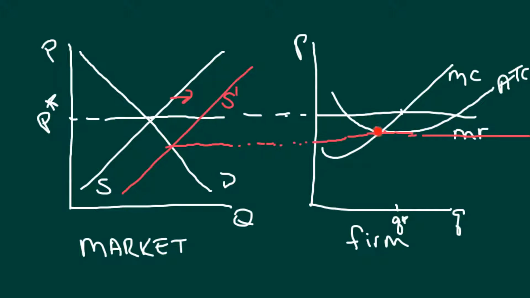It will continue to fall until you get to the minimum of the average total cost curve, the break-even point. So when the price is equal to average total cost, that means we know that profit is zero. Remember, that's economic profit. And that means there's no longer an incentive for new firms to keep entering. You're not going to keep growing your supply curve out this way.